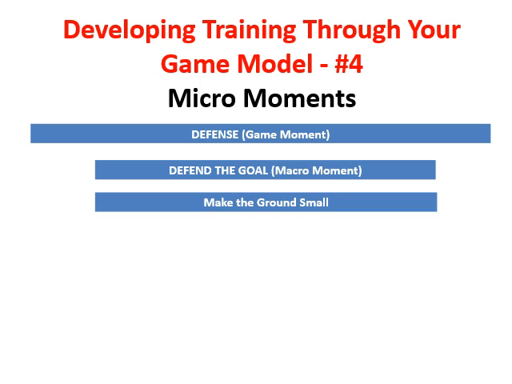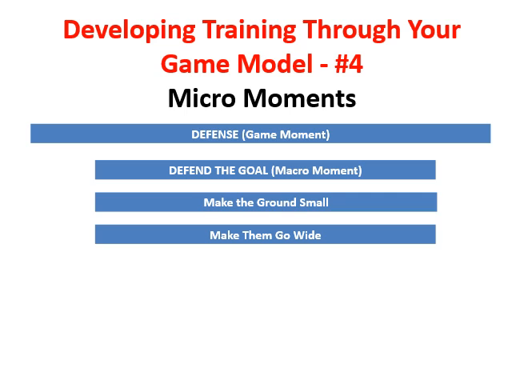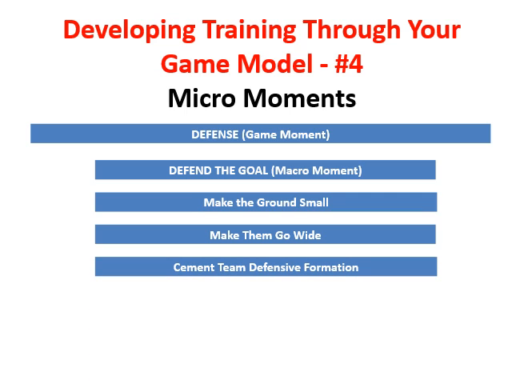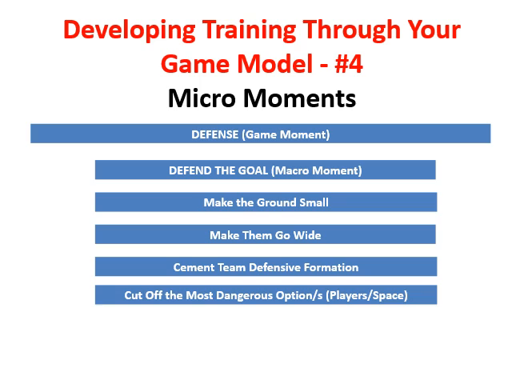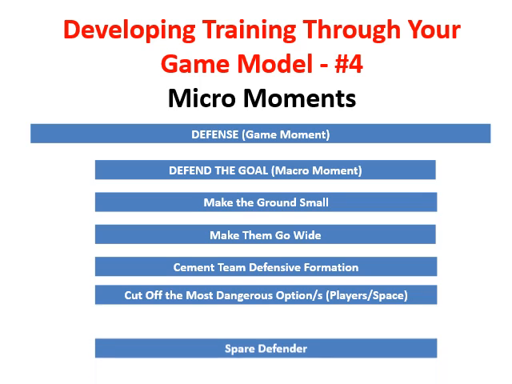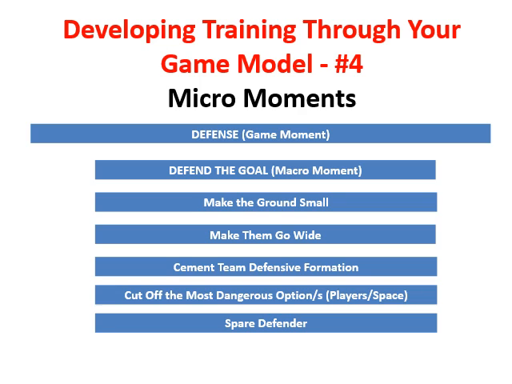You might choose to make the ground small, make them go wide, cement the team defensive formation, cut off the most dangerous option, whether that's a player or a space or both, or use a spare defender.